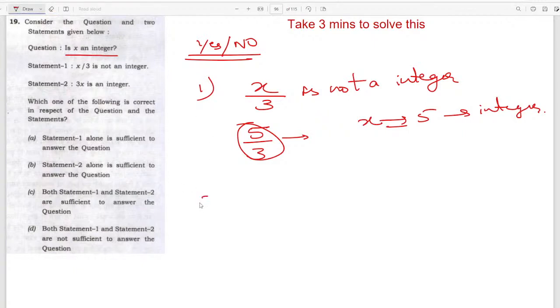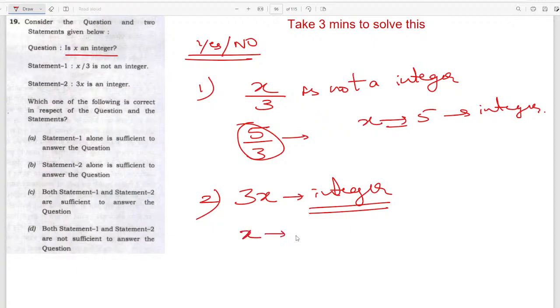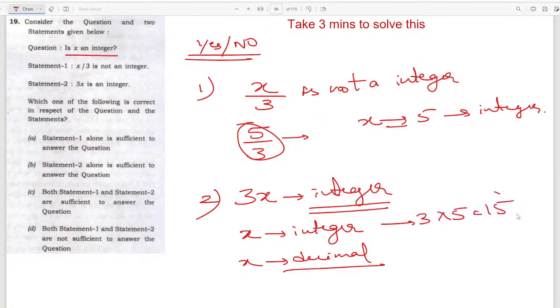So we'll take statement 2. 3x is an integer. So we know that 3x is an integer, but x can be an integer and it can also be a decimal. How can x be an integer? For example, 3 into 5 is equal to 15, 15 is an integer.